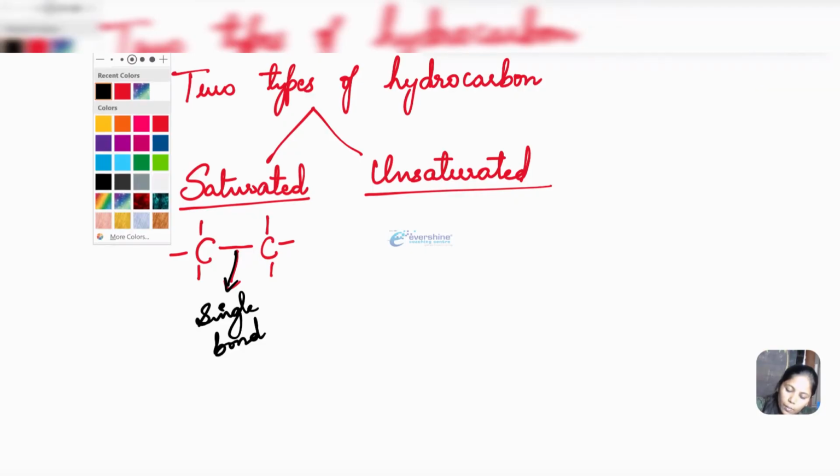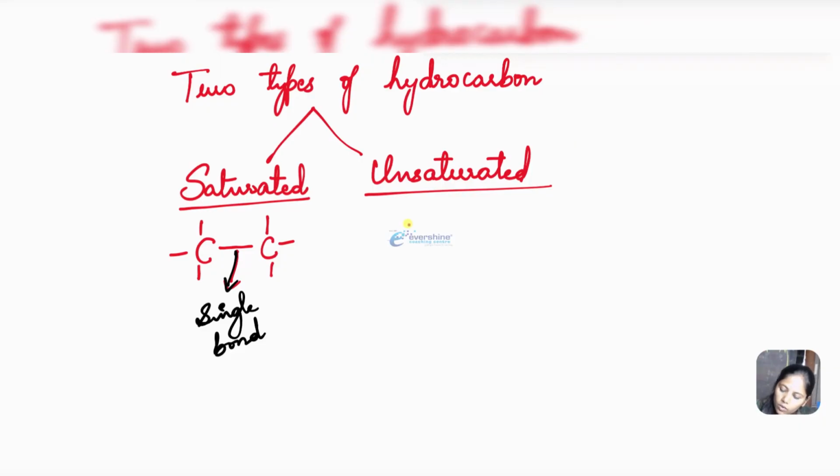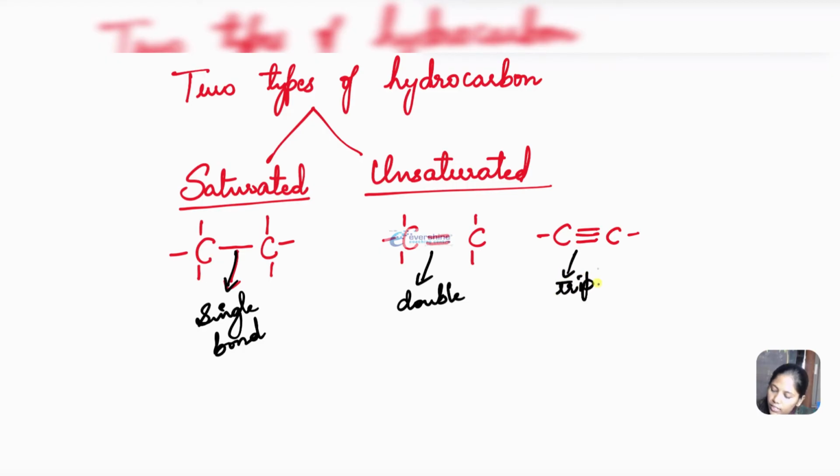Hydrocarbons having a double bond or triple bond between the 2 carbon atoms are called unsaturated hydrocarbons.